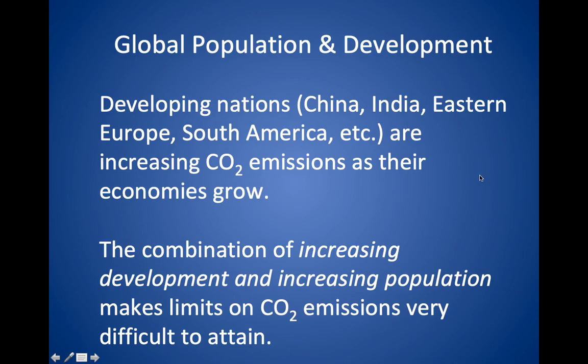One difficulty in trying to limit the carbon dioxide emissions is that developing nations like China and India are increasing their emissions as the economies grow. So, you know, more and more people buy cars, for example. So that combination of increasing development and also increasing population makes limiting CO2 emissions very difficult.